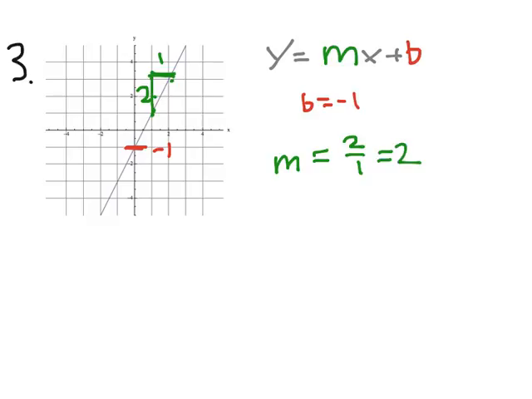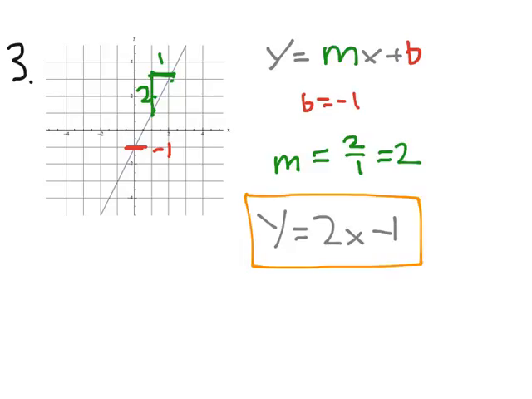So our equation for the line is y equals 2x minus 1. Remember that this can also be expressed, instead of saying y equals 2x minus 1, I could just say f of x, because y is just some function of the variable x.